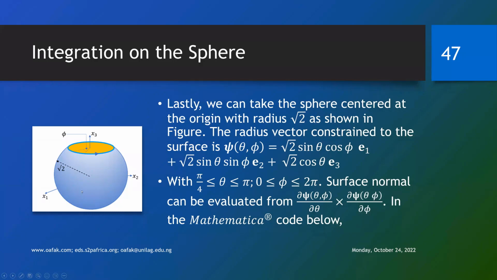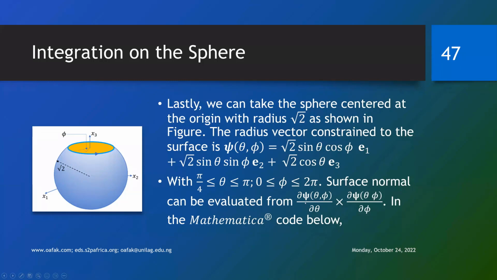To traverse the entire sphere, it goes from pi over 4 to pi. If you go from pi over 4 to pi over 2, you are only getting to the hemisphere and the surface will not have been closed, so you are going to get a wrong result. So you can see why it is very important to specify your boundaries correctly. Theta goes from pi over 4 to pi, and phi goes from 0 to 2 pi.